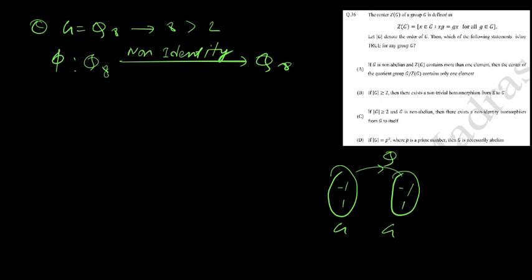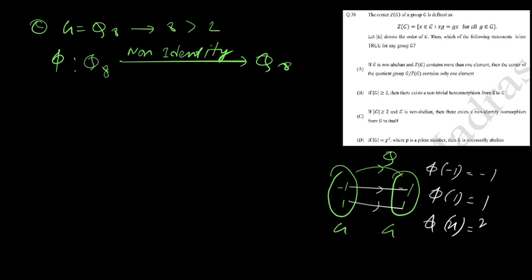Suppose minus 1 maps to minus 1 and 1 maps to 1. So phi of minus 1 equals minus 1 and phi of 1 equals 1. So phi x equals x for all x belonging to the domain G. This is called the identity mapping, phi is the identity mapping from G to G.